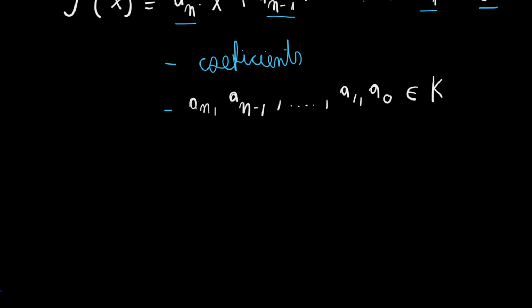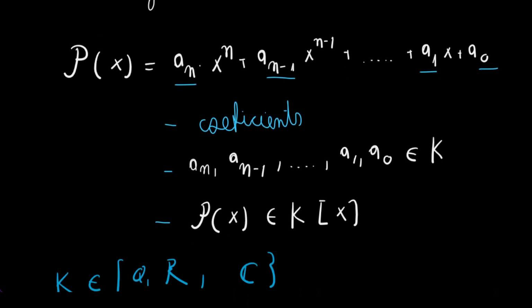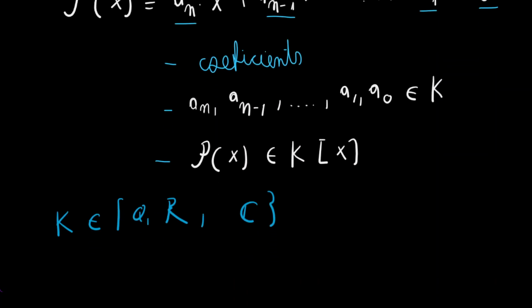So we can say that P(x) is from k[x]. Notice that in general, when we work, k is from Q, R, and the complex numbers.